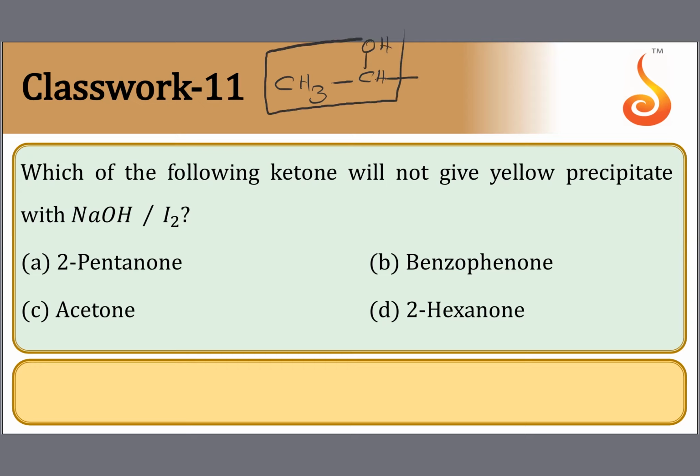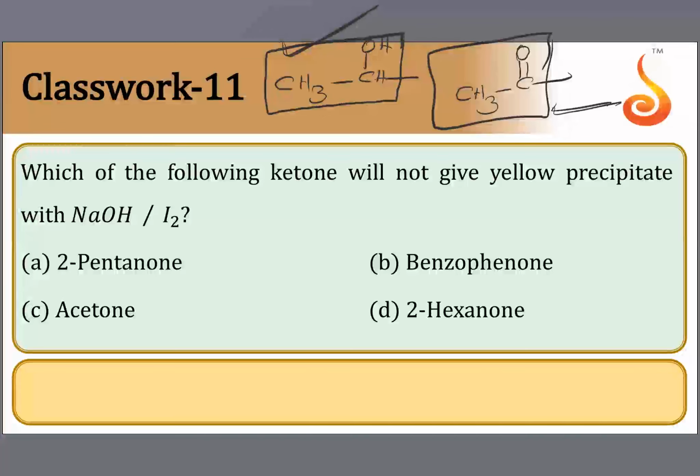Otherwise, you remember the alcohol with this group undergoes the iodoform test. Otherwise, an aldehyde or ketone containing an alpha methyl group will also give the iodoform test.